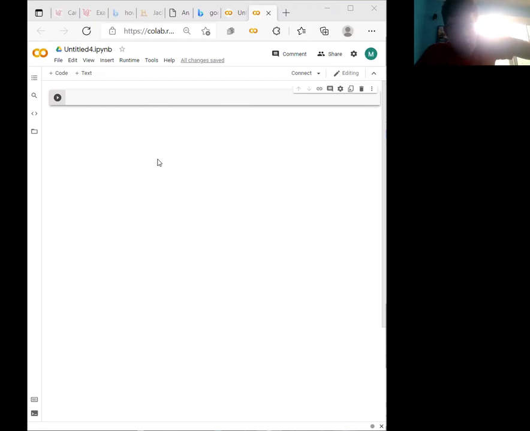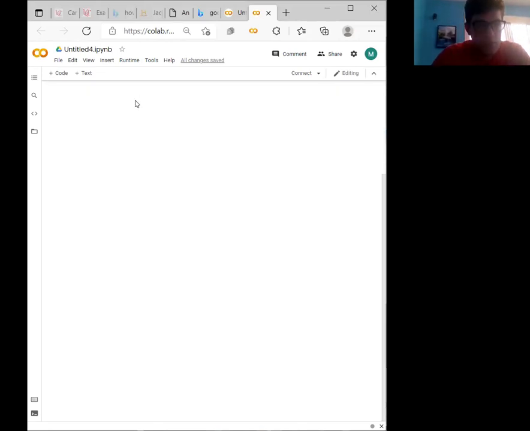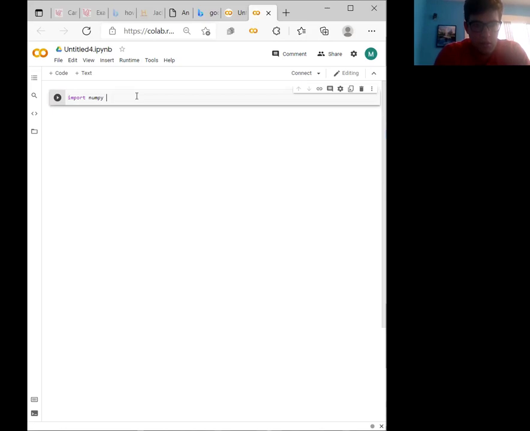So going forward, I'm going to import some of the toolboxes that we're going to need in this problem, because we always need numerical Python.